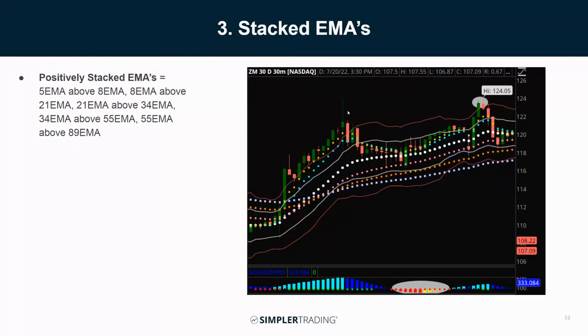Technically, this means the 5 EMA above the 8, the 8 above the 21, the 21 above the 34, the 34 above the 55, the 55 above the 89. Plain English version, that is bullish structure. So for that Zoom squeeze, I've got a sense there's already a better chance of this firing to the upside because it's a squeeze with bullish structure.